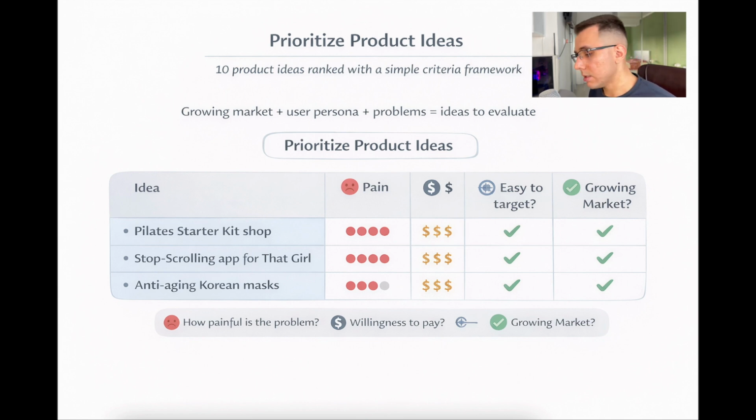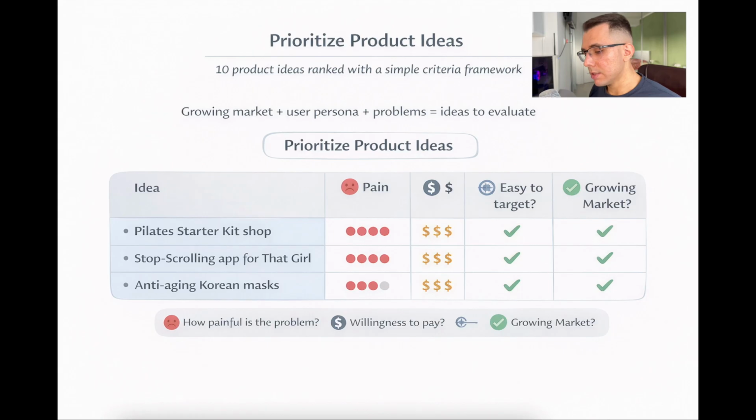Are they easy to target? Yes, we could target them directly with ads. We could use hashtags like Pilates, Pilates girls, that girl, and so on. We could also use personal trainers at Pilates classes to help us basically build an affiliate market to distribute our products, and the market is obviously growing. We said that Pilates is a growing market.